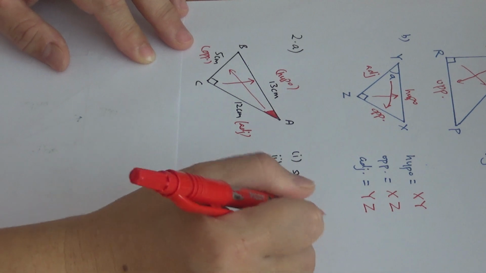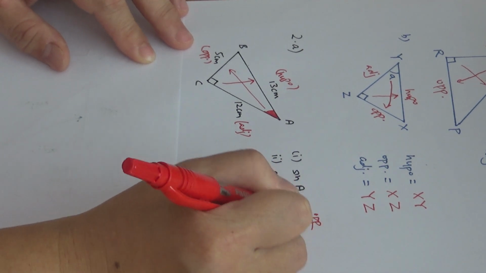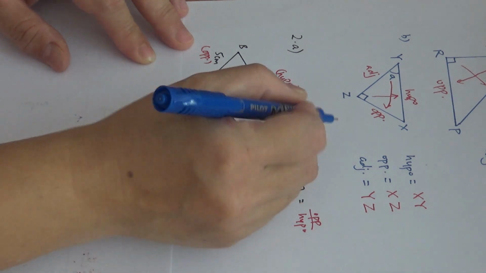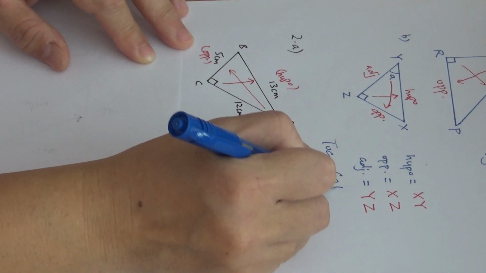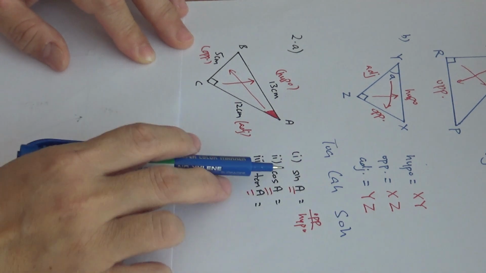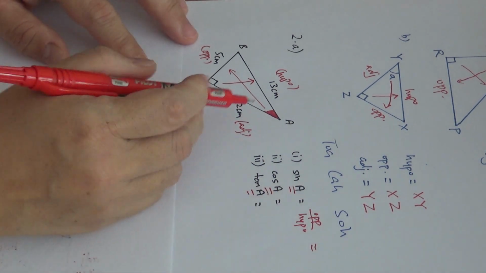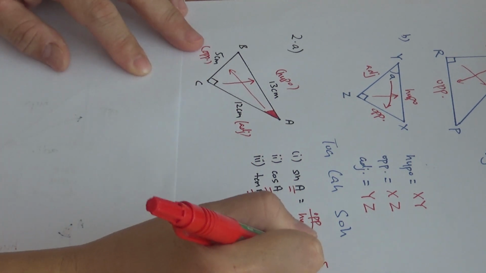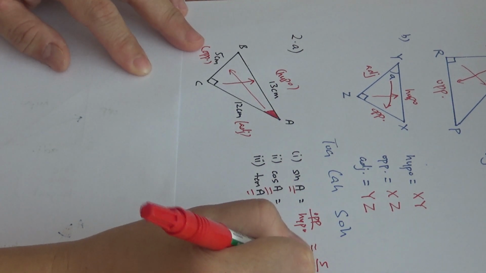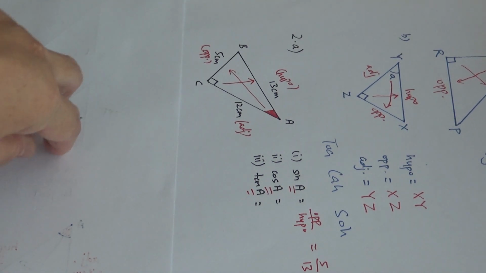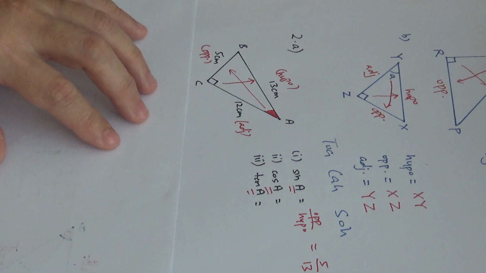Now sine A is opposite over hypo. Remember our rule here, dua, ka, so. So sine is opposite over hypo. Opposite is 5, hypo is 13, so I get this ratio, 5 over 13. Next, cosine.